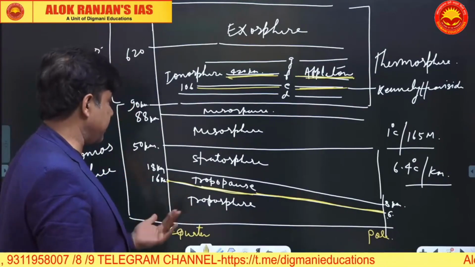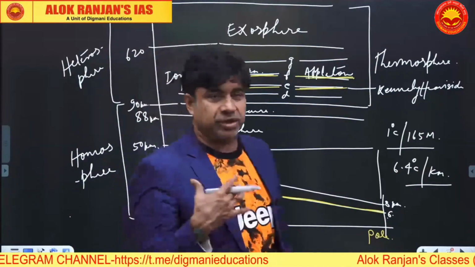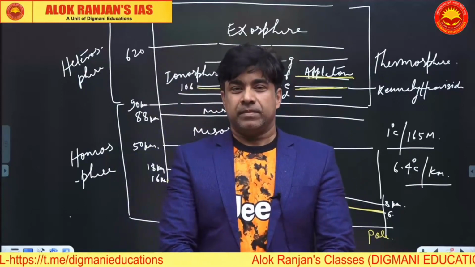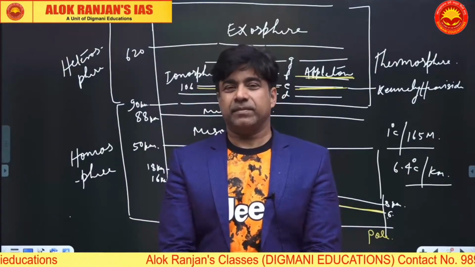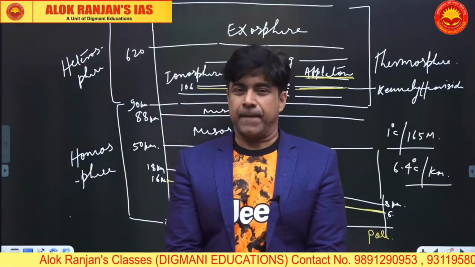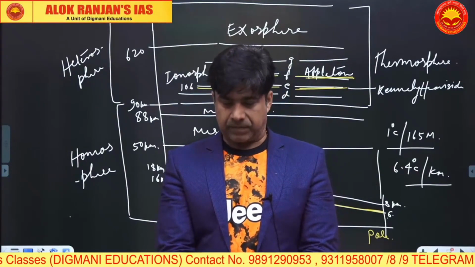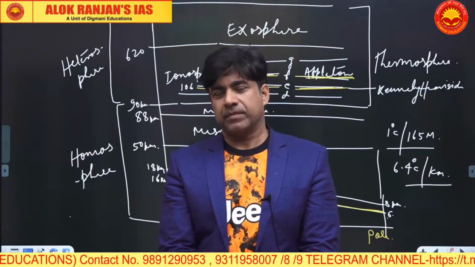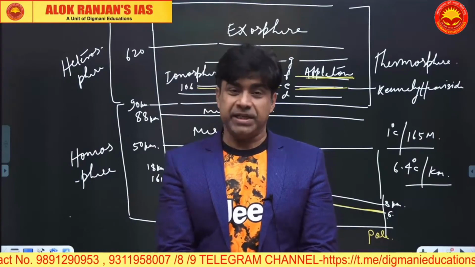Now write the reason why it is so. Since along equator, insolation is maximum, heating, convection, air currents are maximum. Air currents are profound, highly intensified.